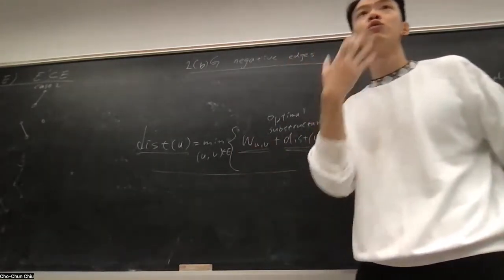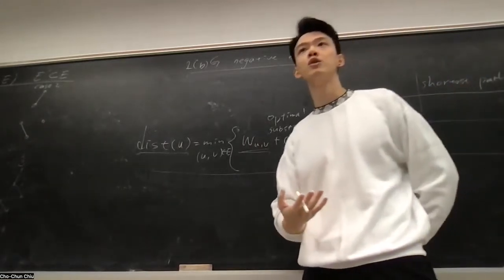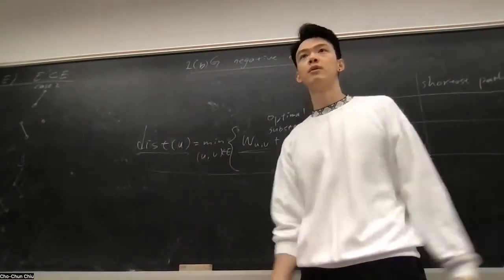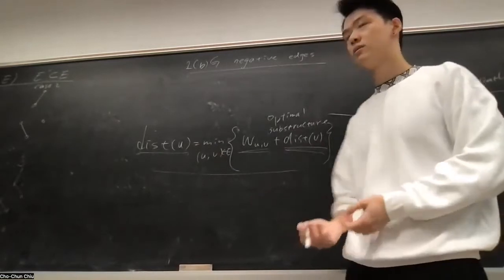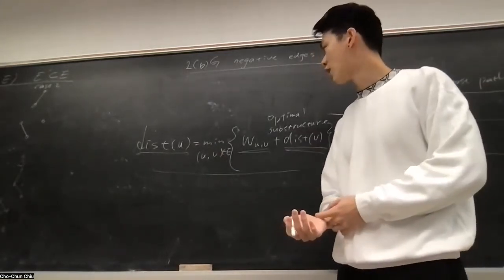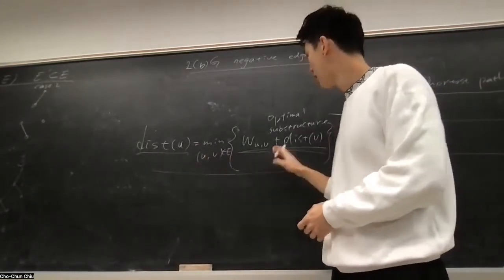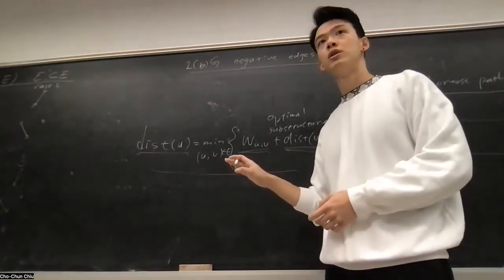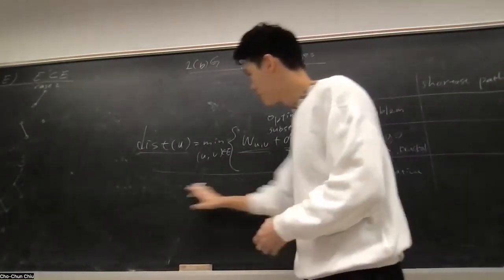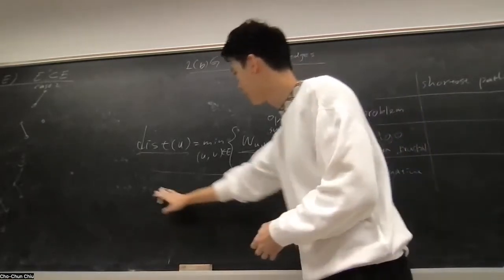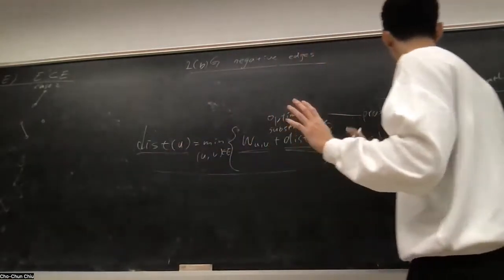That's the reason if you run the Bellman-Ford algorithm, that's fine, right? Because Bellman-Ford is a dynamic programming algorithm, which is based on this optimal substructure. So we don't have a problem with that.